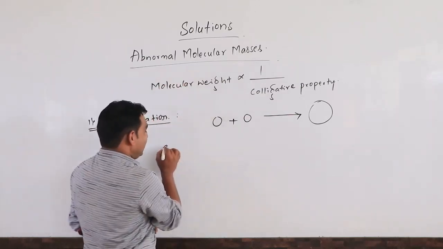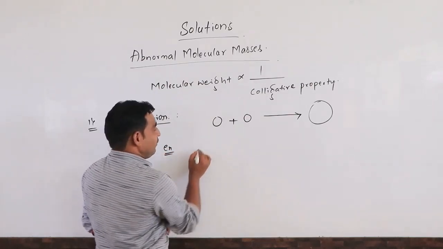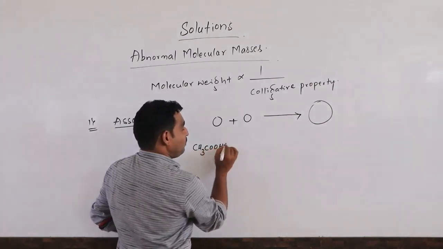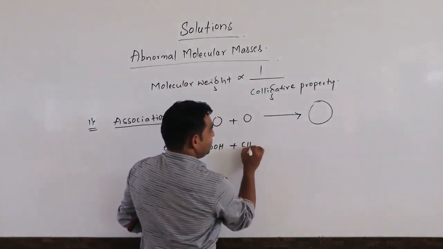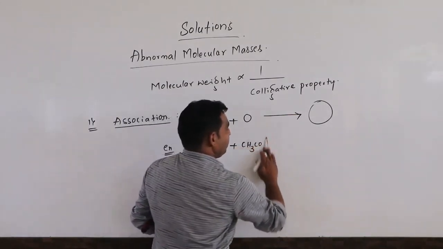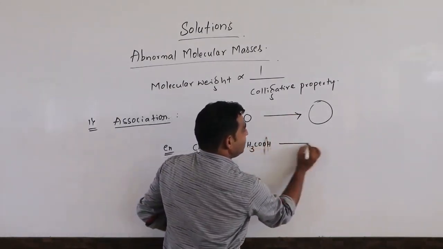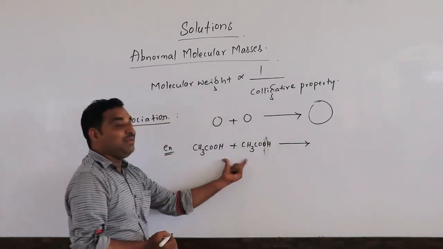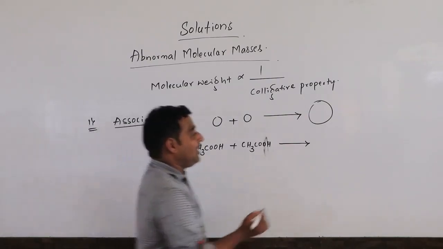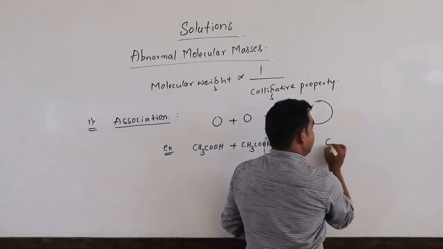Example, you can take acetic acid. If we add two molecules of acetic acid, CH3COOH plus CH3COOH, these two molecules associate in a solvent to form a dimer. How does the dimerization take place in acetic acid?